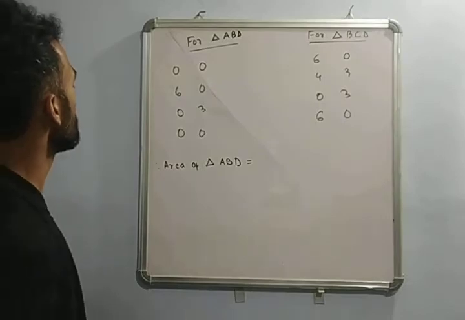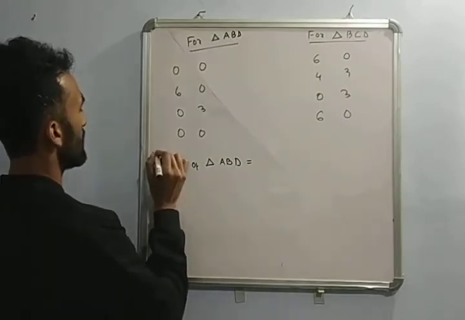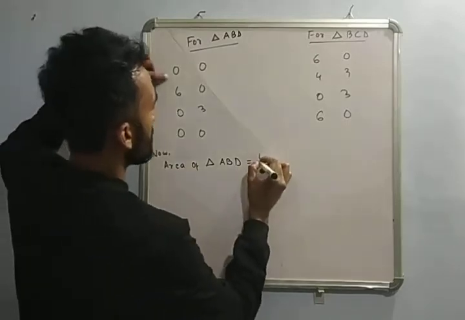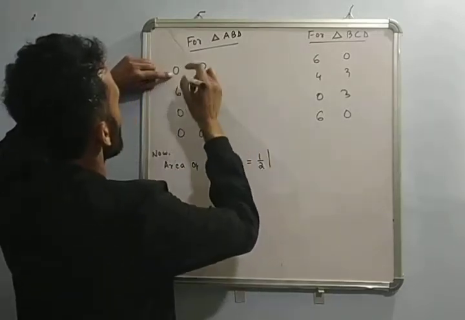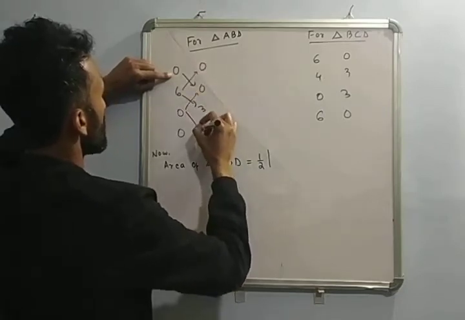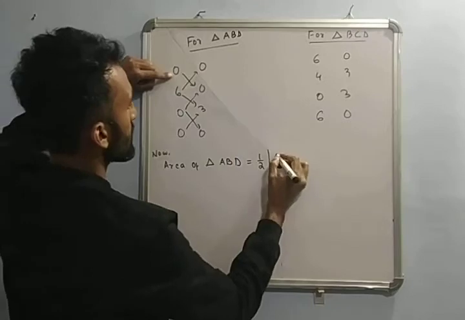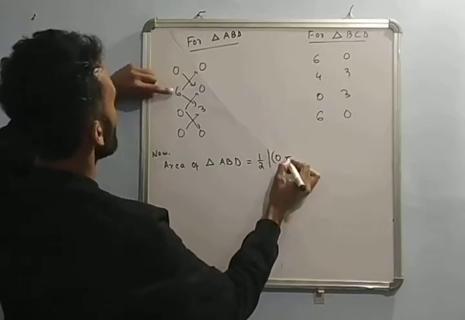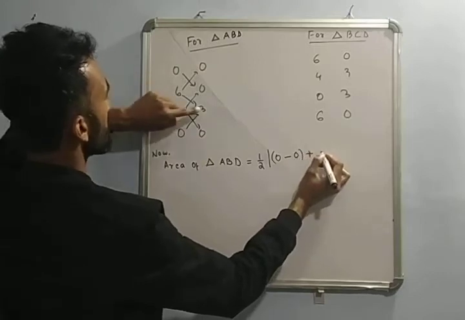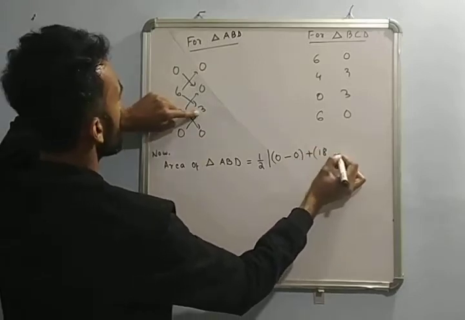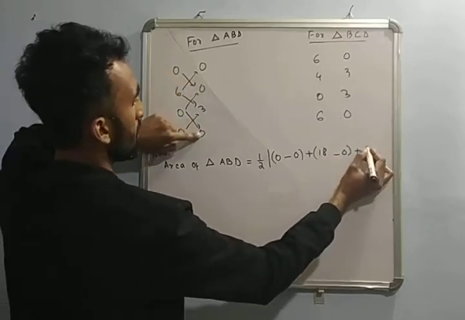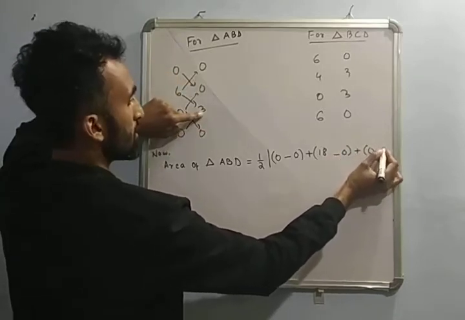Now area of triangle ABD equals half, open a modulus sign, cross this, subtract across this, cross this, subtract across. 0 zeros are 0, minus, that is the formula, 6 zeros are 0, okay? Here plus sign, 6 threes are 18, minus 0 zeros are 0, plus sign, 0 zeros are 0, 0 threes are 0.